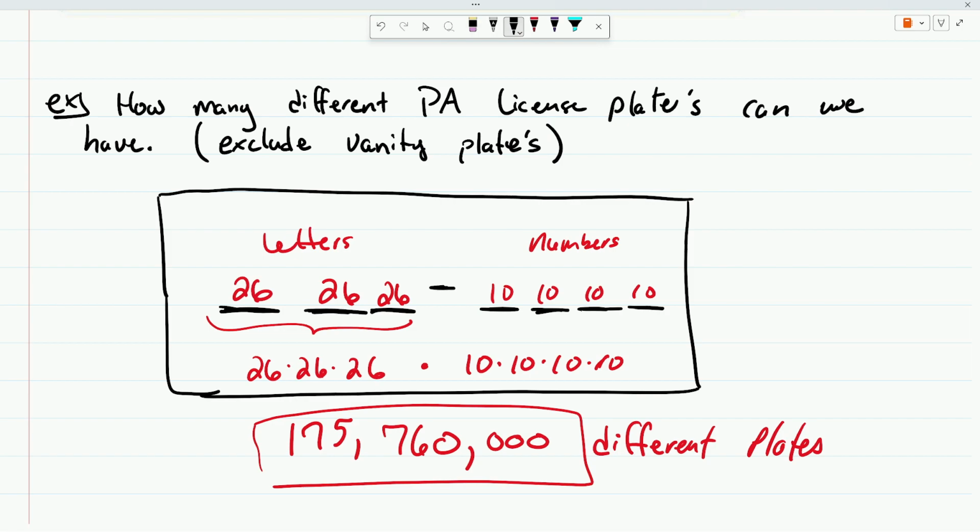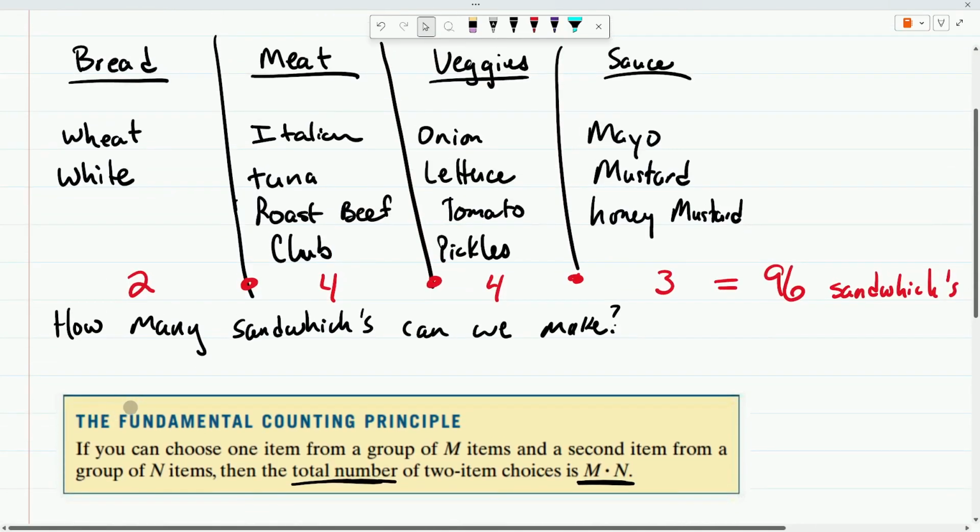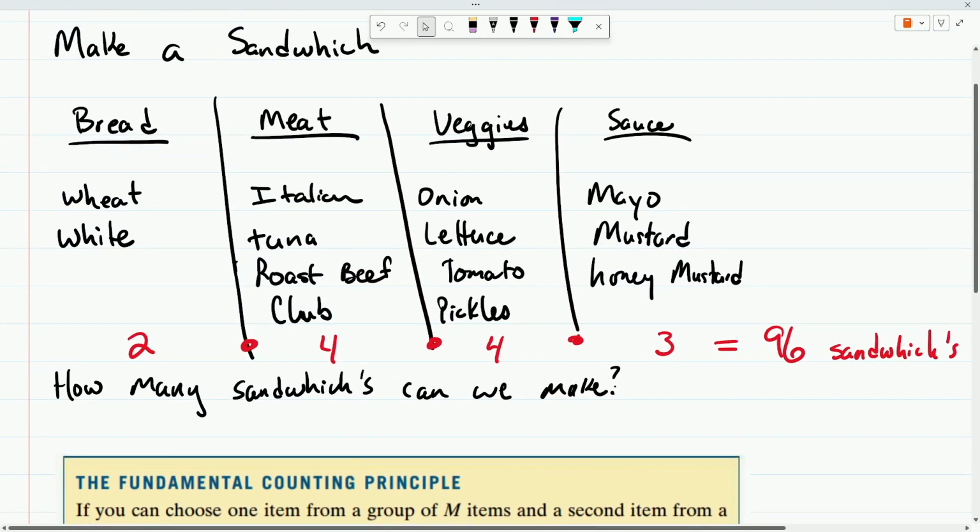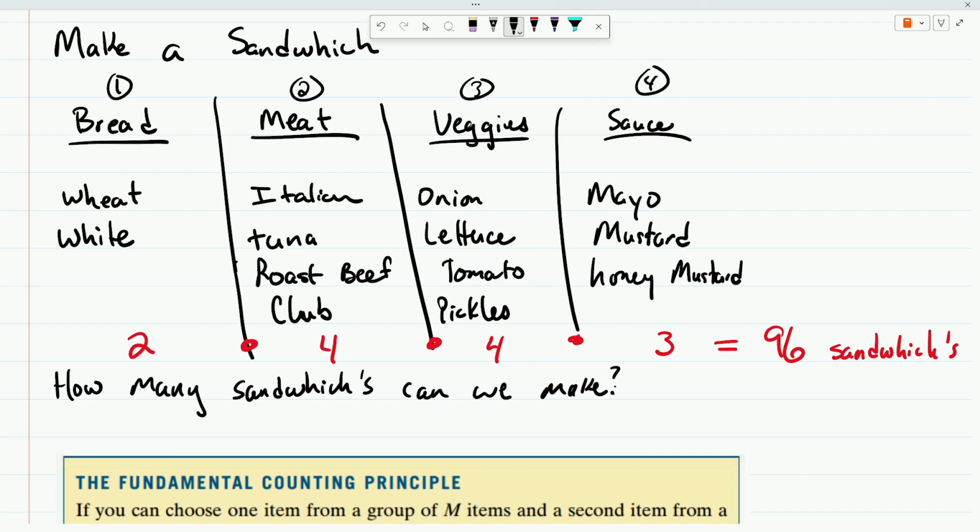Now, here are 2 examples we just covered where, although they were vastly different, they had the same exact structure in terms of calculating the actual result. All right. The sandwich, notice we had 1, 2, 3, 4 different categories where we just counted each individual category and multiplied everything together.